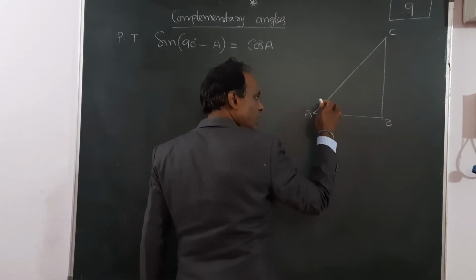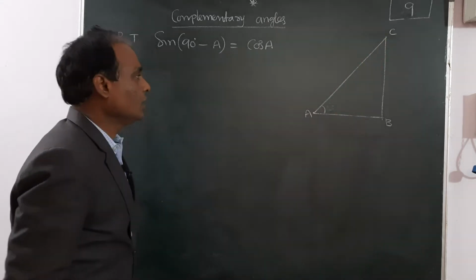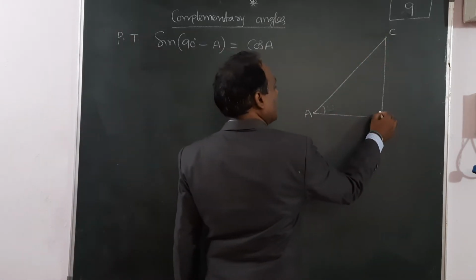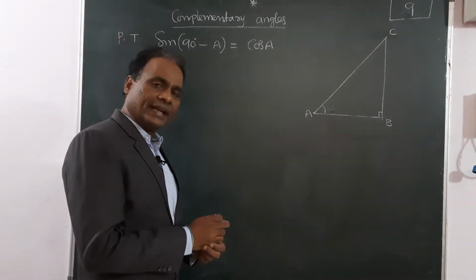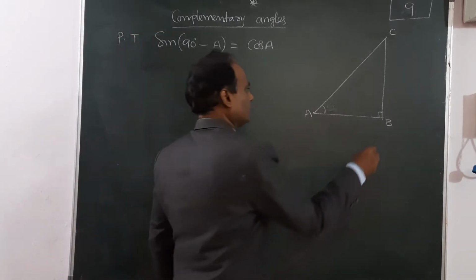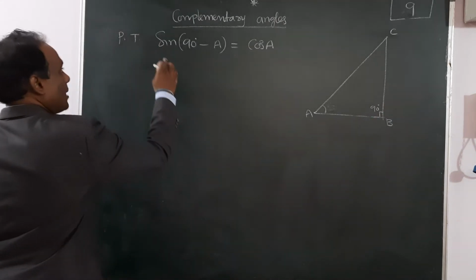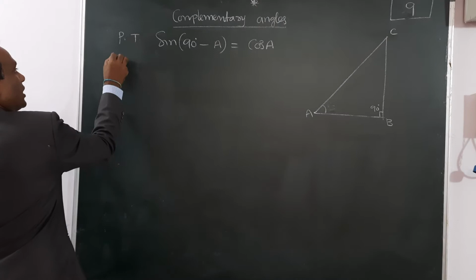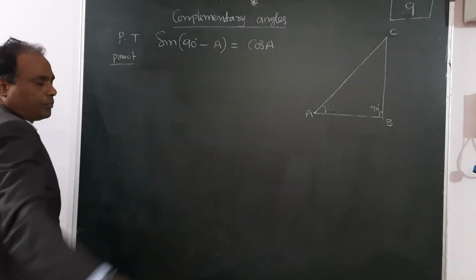Angle B is 90 degrees because we always take a right angle triangle. Now also I am taking a right angle triangle. I am going to prove this formula. Proof. Observe carefully because the remaining I am not going to prove. The remaining you can prove similarly.